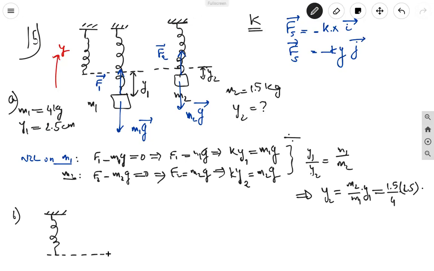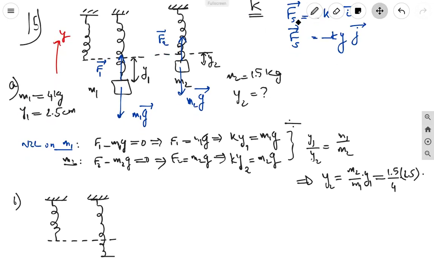And we want to know how much work should be done by an external agent to stretch this spring by 4 centimeter. Y here is the Y actually, which is equal to 4 centimeter. So this is the question, right?